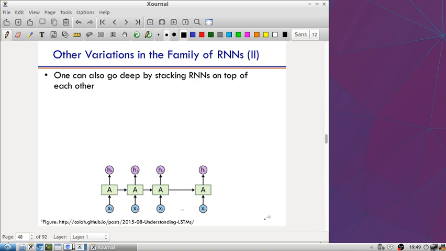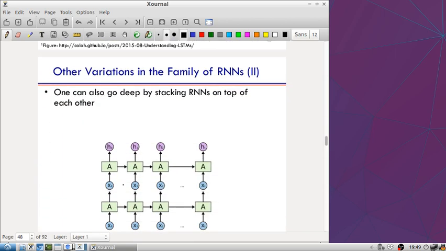Here is your vanilla RNN, just a linear one. At one level, you can take the H's and call them X's and add one more RNN on top. Now let's say you are scoring here, then you have gradients passing over a lot of paths like this.